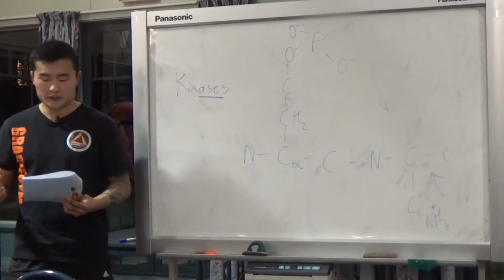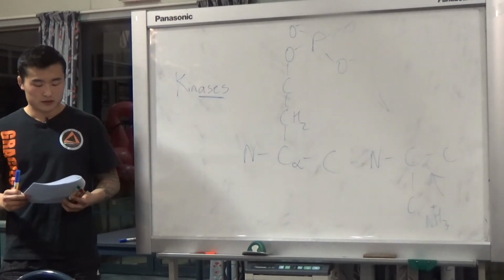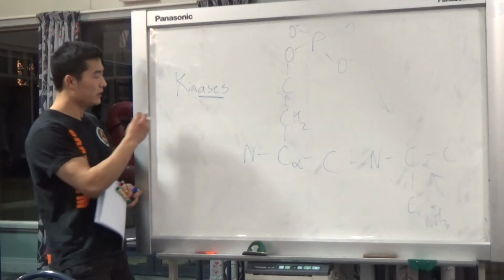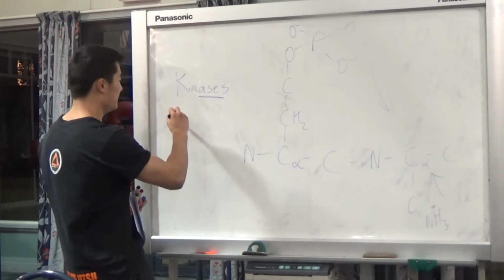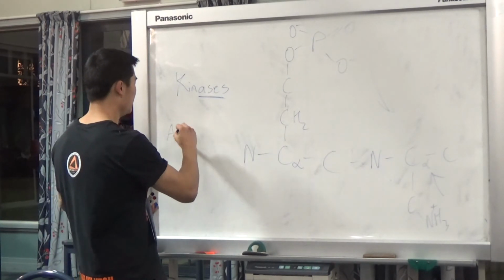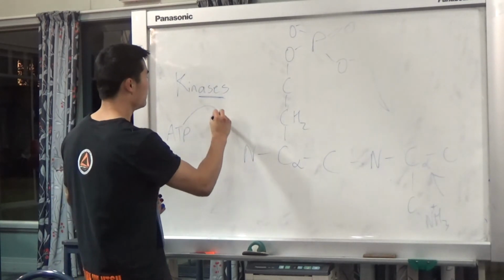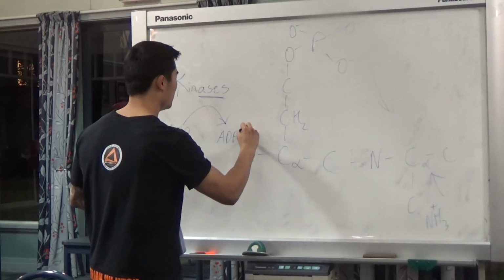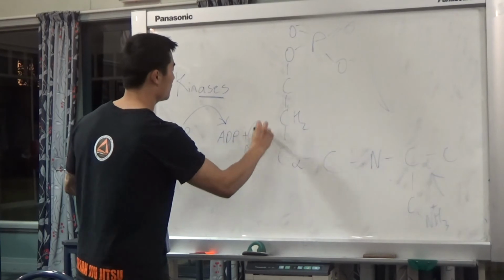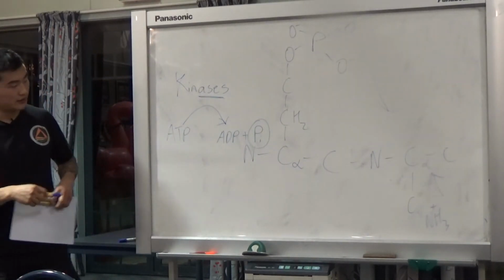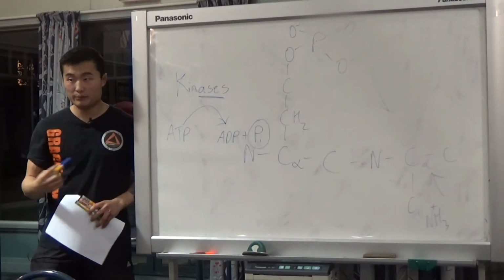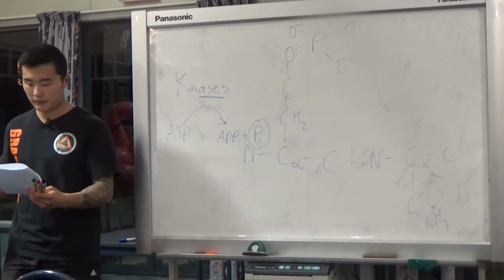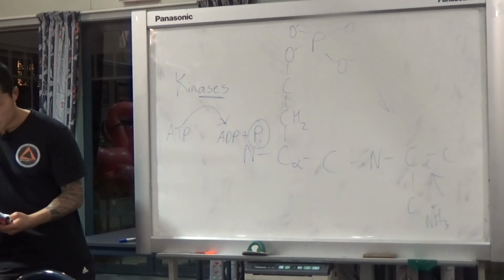Or it can be called a phosphorylase. The difference between a kinase and a phosphorylase is that a kinase is taking the phosphate group off an ATP molecule to transfer it, while a phosphorylase is just using a phosphate from anywhere.